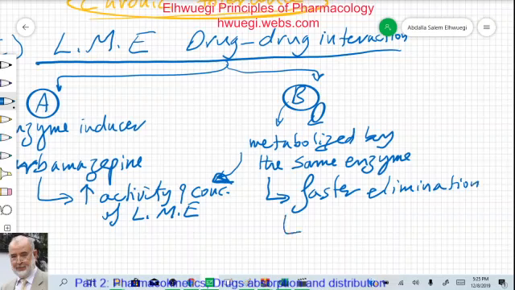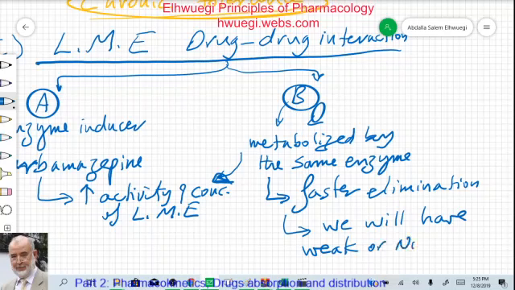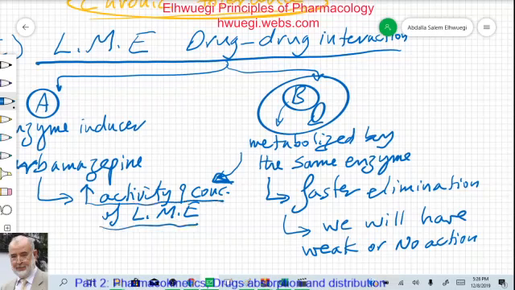That means that we will have weak action or no action, because drug B is eliminated faster from the body because of the higher activity and concentration of the metabolizing enzyme.